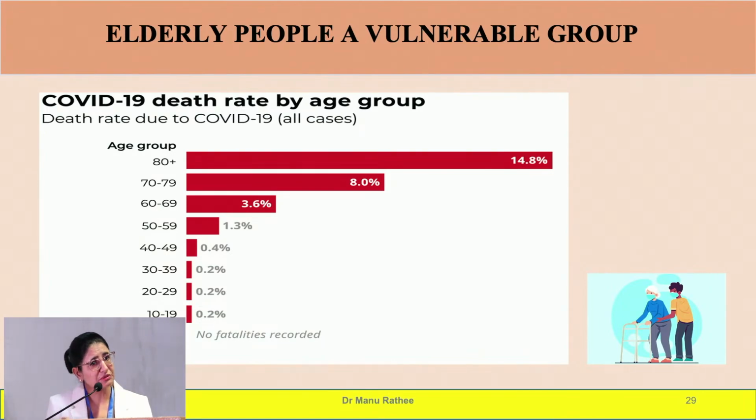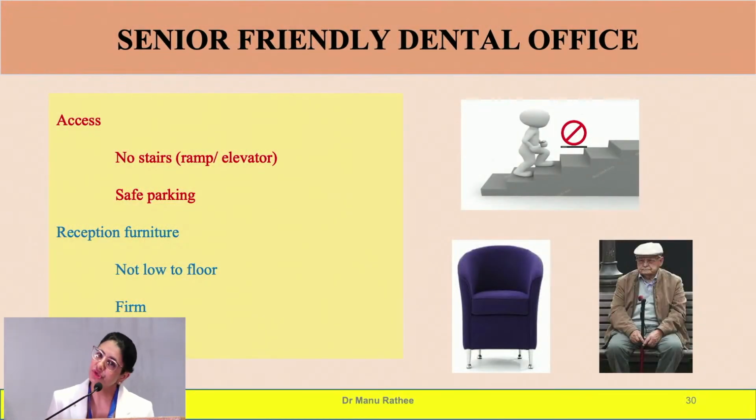So these are a few factors which complicate the caregiving for these patients. And the recent pandemic has established that this is a vulnerable age group, because fatality was maximum in the older age group. In the 80 plus age group, we have seen the maximum number of deaths.